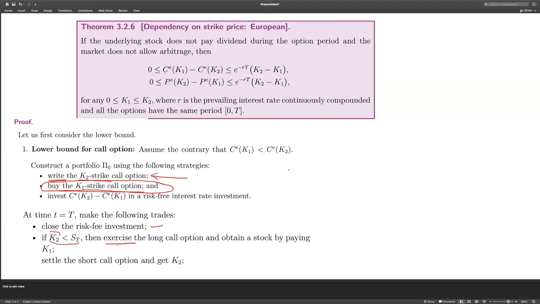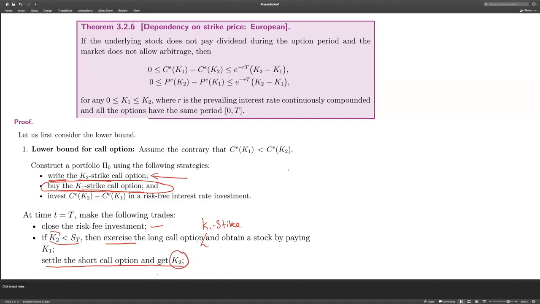That's what you are doing here: exercise the long call option, that is your K1 strike, and obtain the stock by paying K1. Because it's a call option, you pay K1 rupees and buy the stock from your writer as far as the K1 strike is concerned. Now you have the stock in hand. In K2, you are a writer and somebody else is a buyer. You will give that stock to the K2 strike buyer, sell it, and get the money K2.